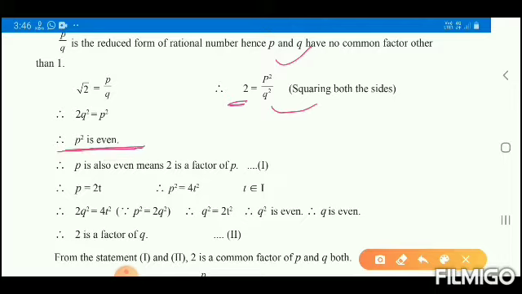Here p squared is even. p squared is even, therefore p is also even, means 2 is a factor of p. Now p is equal to 2t, means p squared is equal to 4t squared, where t belongs to I, I meaning the set of integers.